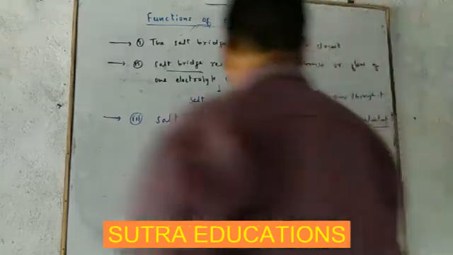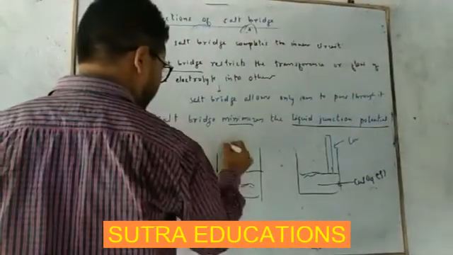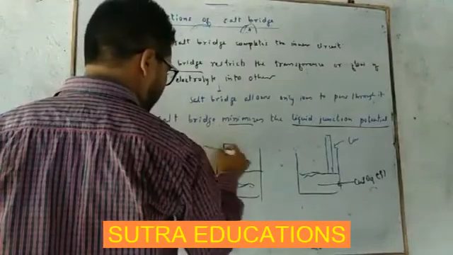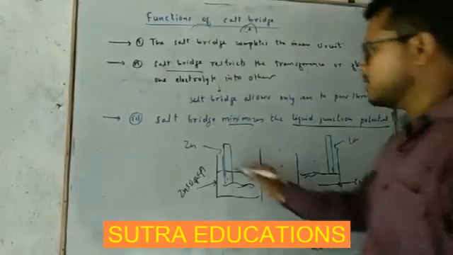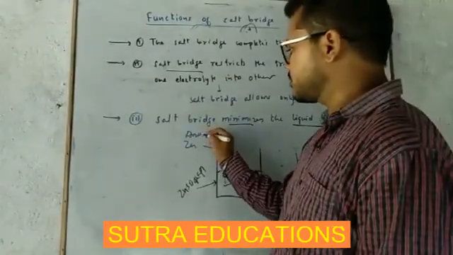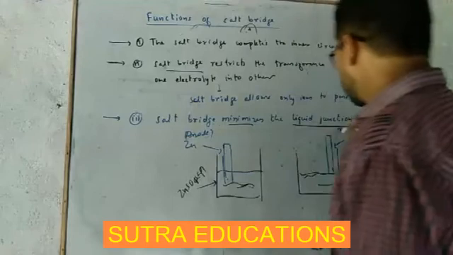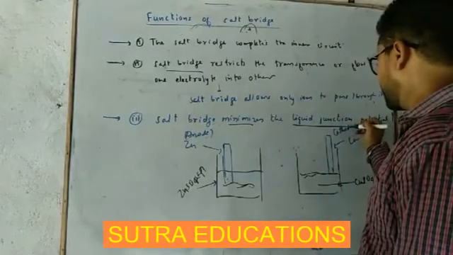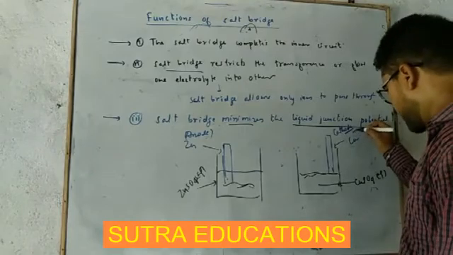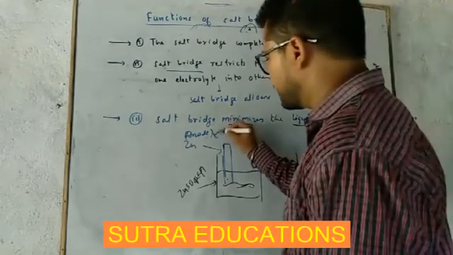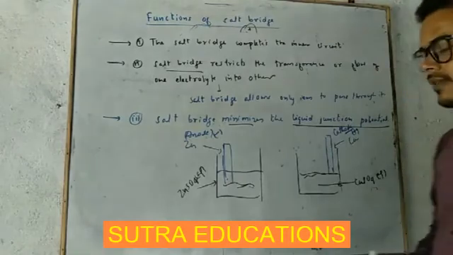Here metallic rod used is zinc. This will act as anode, we have discussed. This will act as cathode. Also, I have told you cathode means it is positive here, and anode means negative here. Okay, so what will happen?